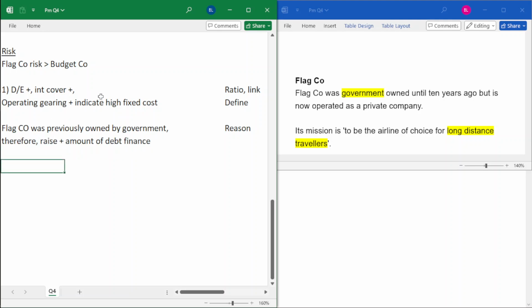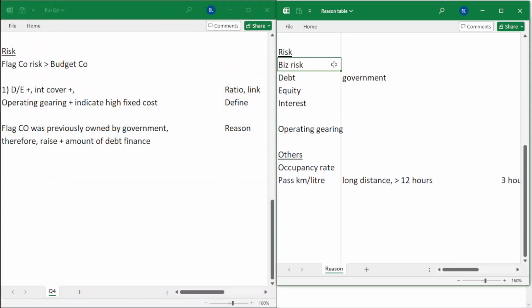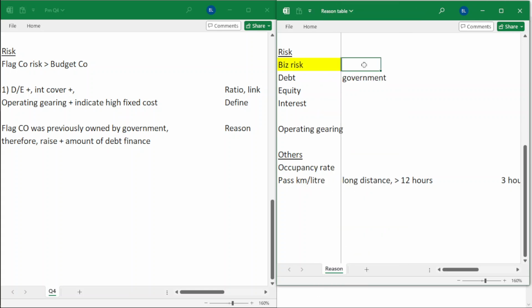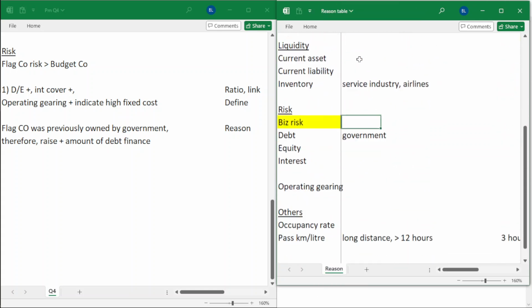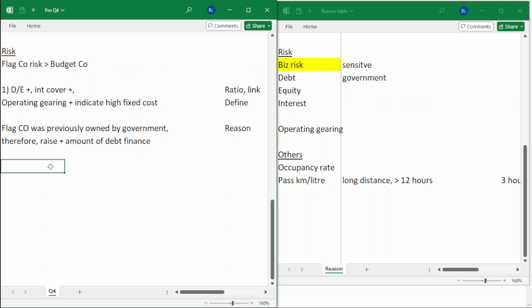Besides that, maybe we can talk about business risk. If Flagco's gearing is higher, I assume Flagco also has higher business risk. So it's sensitive.